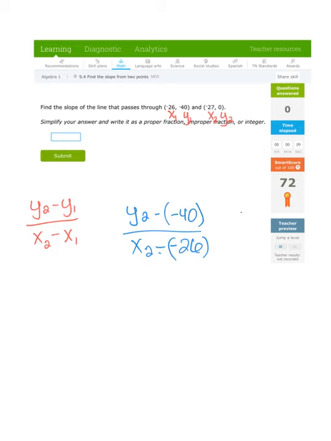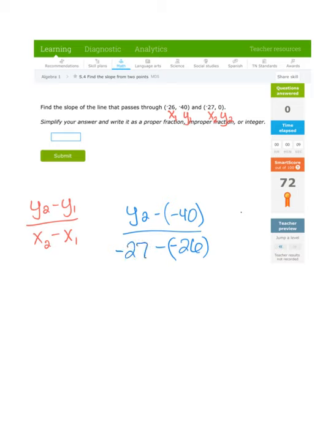My x sub 2 can be replaced with negative 27.